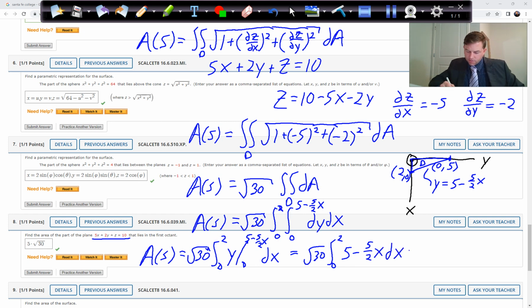Then the antiderivative is root 30 times 5x minus 5 halves x squared over 2 from 0 to 2.